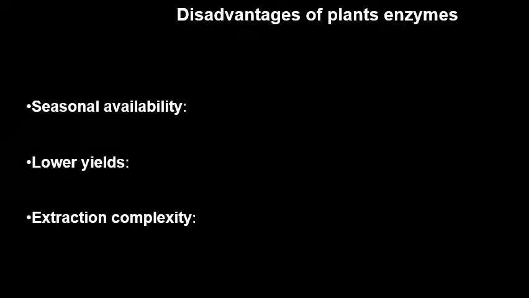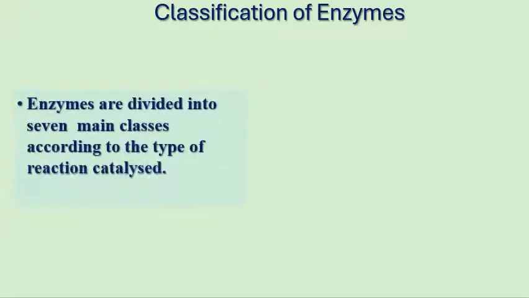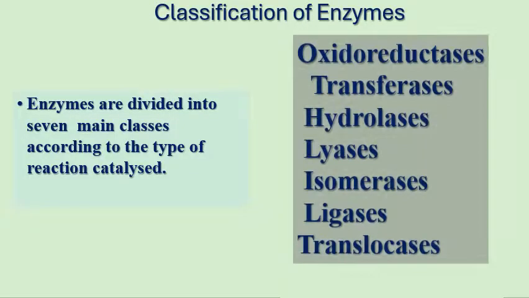So now let's look at the classification of enzymes. Enzymes are divided into different classes, seven main classes, according to the type of reaction they catalyze. Based on this, we have oxidoreductase, we have transferase, we have hydrolase, we have lyase, and so on and so forth.